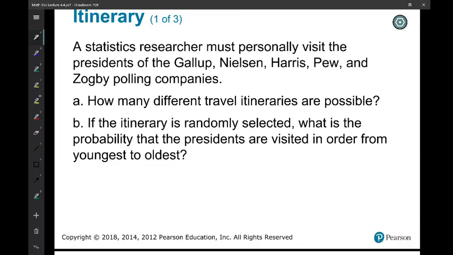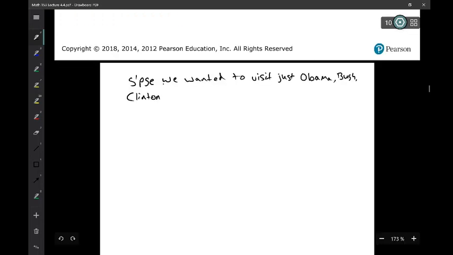So a statistics researcher must personally visit the presidents of the Gallup, Nielsen, Harris, Pew, and Zogby polling companies. Questions are, how many different travel itineraries are possible? And if the itinerary is randomly selected, what is the probability that the presidents are visited in order from youngest to oldest?